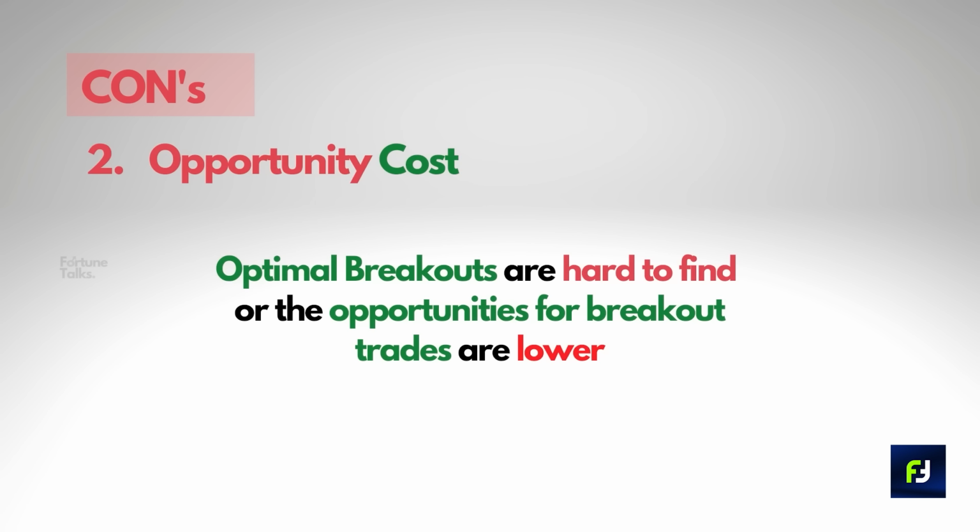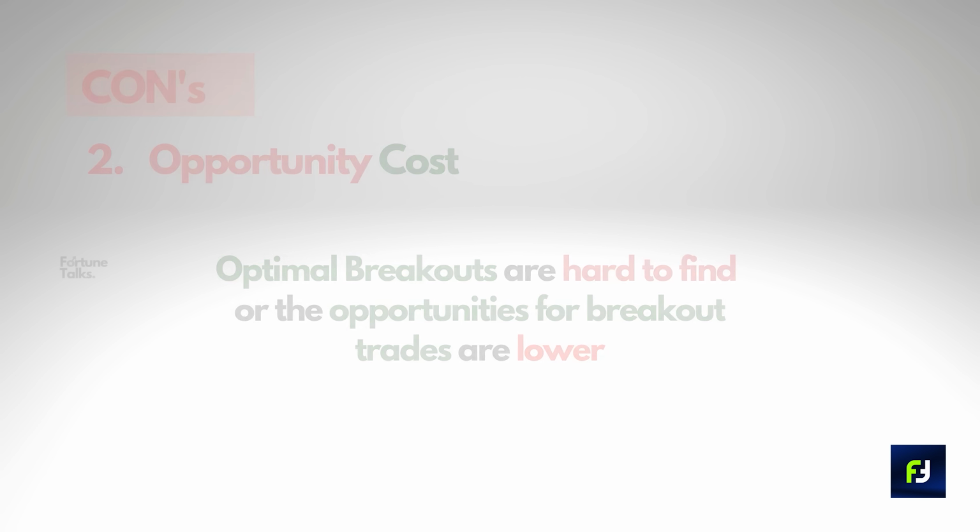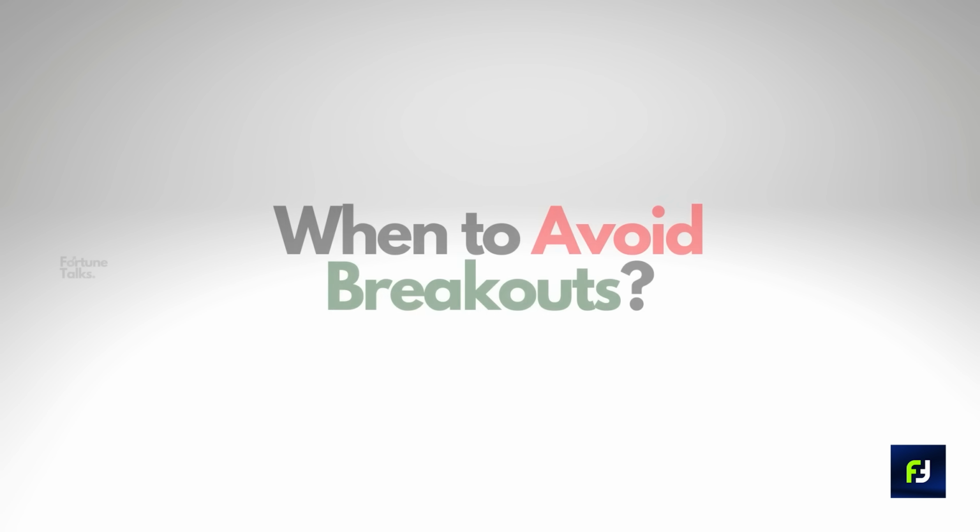The second disadvantage is associated with opportunity cost. The optimal breakout setups don't occur frequently, so searching for setups can often leave a trader on the sidelines instead of pursuing other opportunities in the market, or simply the number of breakout trades are fewer or hard to come by.